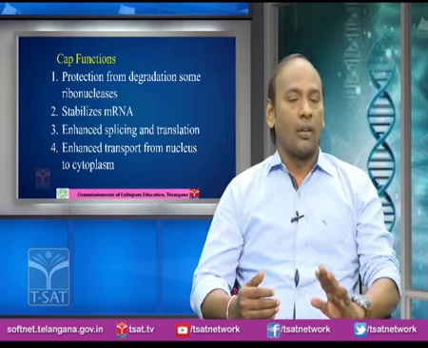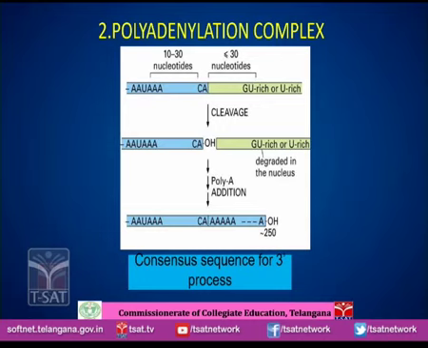Now we are going to the second kind of messenger RNA modification, called the polyadenylation complex. So far we have discussed the 5' end modification. Now we will discuss the 3' end modification, which is called polyadenylation.